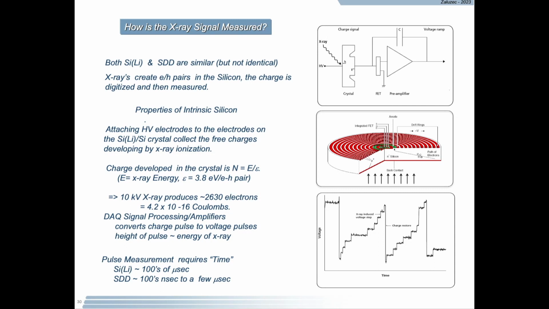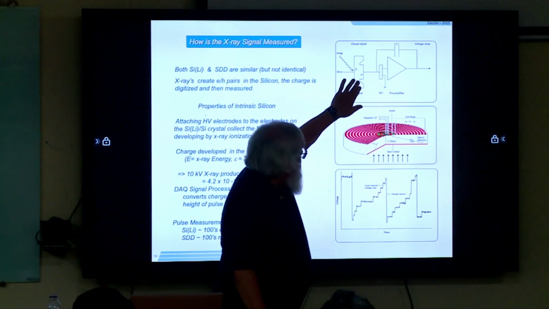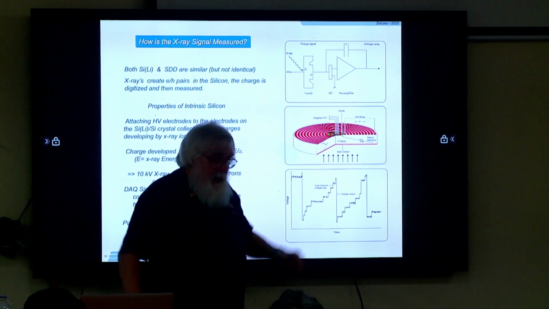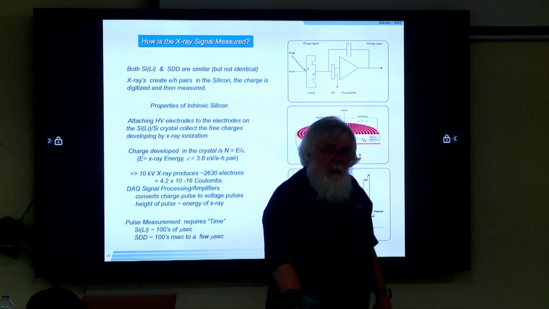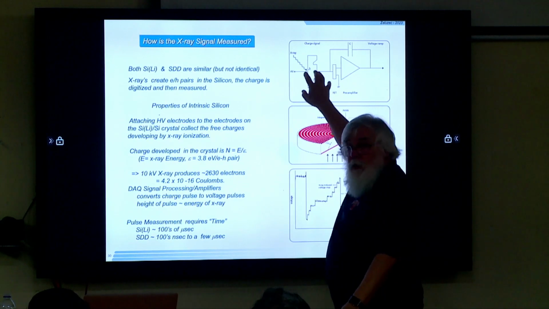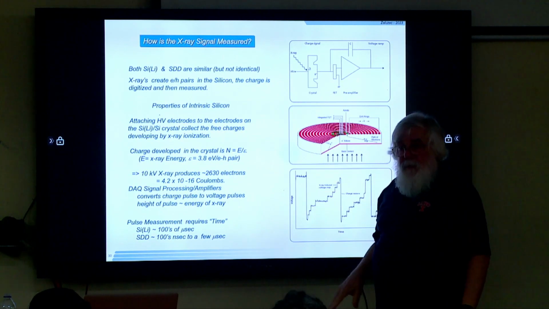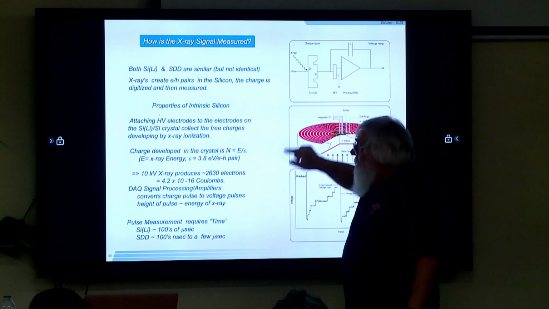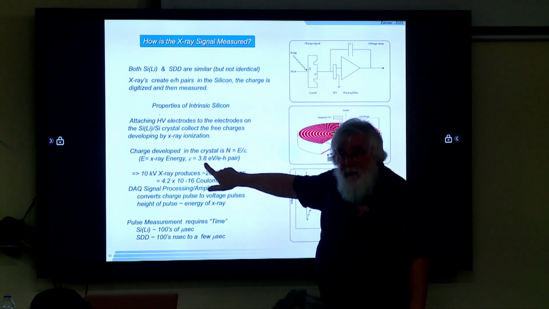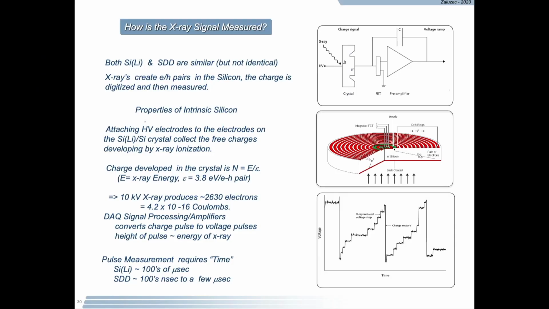All right, so what happens? How do both the Si(Li) and the SDDs work on the same principle? We've got a piece of silicon here or here. An X-ray comes in and creates electron hole pairs by ionizing. Now, in silicon, it takes 3.8 eV to create one electron hole pair. That's characteristic for silicon.